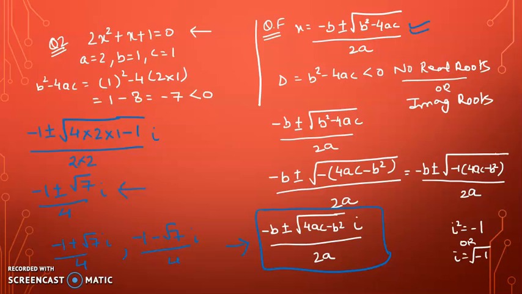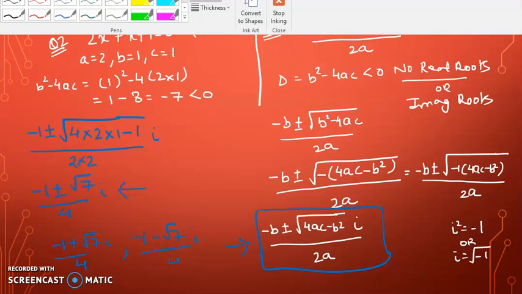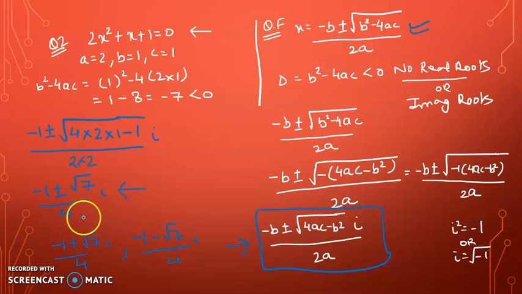Are you following this? In this way we will solve the questions. Here i is in the numerator, so you can directly apply this formula and solve the equations.